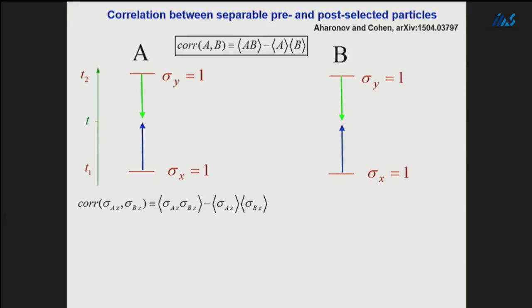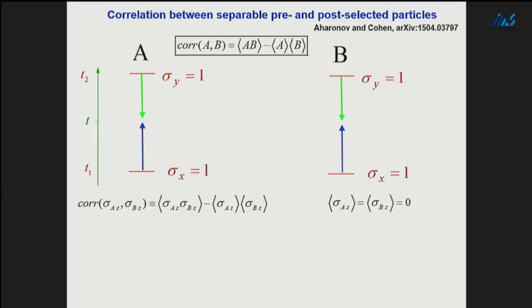The correlation between sigma az and sigma bz, we can view as the expectation value of the product minus the product of expectation values. Now, let's calculate this. This is simple. Expectation value of sigma az: we start with sigma x up, the probability for z up and z down is the same, and there is no preference. After post-selection on y, in both cases they're identical. So these are all 0.